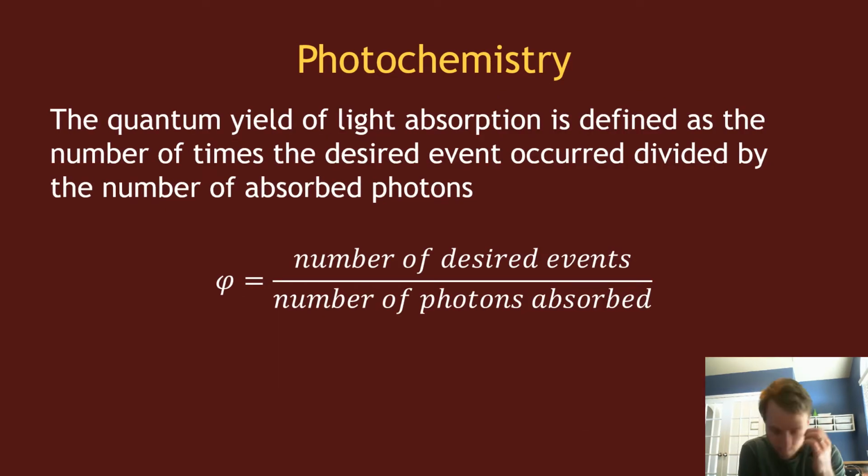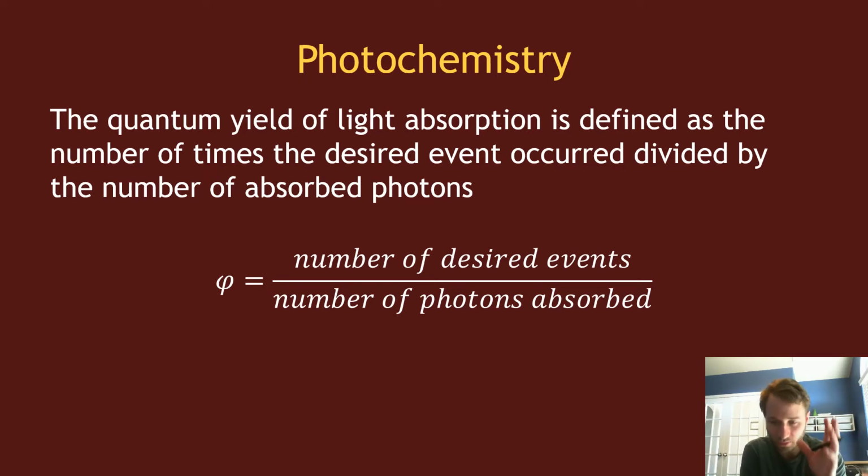So in photochemistry, we'll often talk about quantum yields, yields of certain states. Quantum yield is like any yield. In general organic chemistry, when we talk about the yield of some product, it's how much of that product you got out versus how much starting material you had.